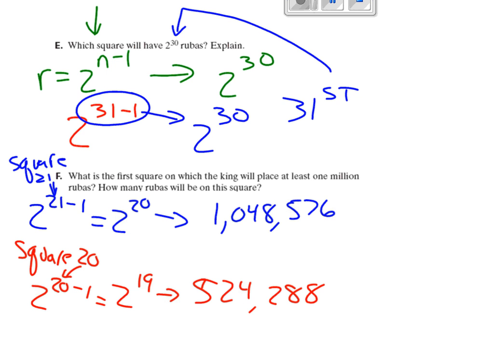But just notice, when we get from square 20, which is about 500,000 rubas, to square 21, which is 1,000,000 rubas, holy cow! We're only on square 21, and the peasant has 1,000,000 rubas. That's unbelievable. We have to get to square 64.